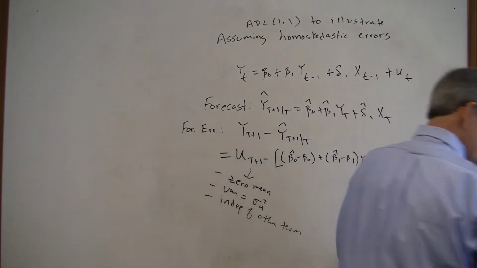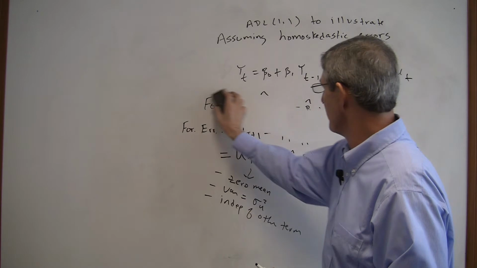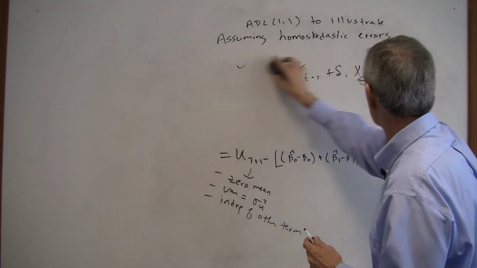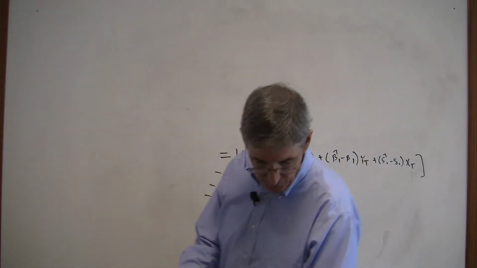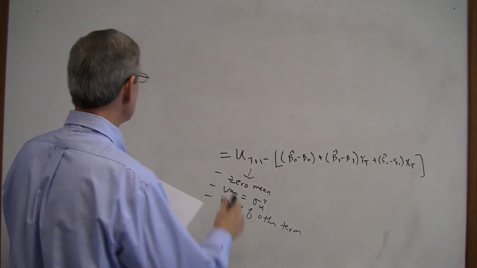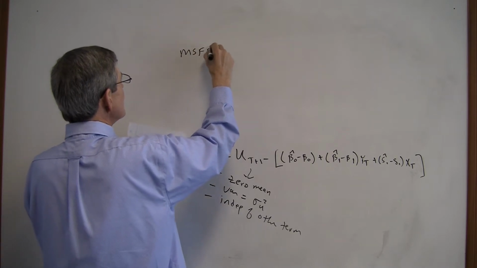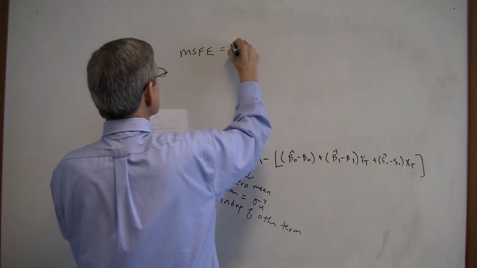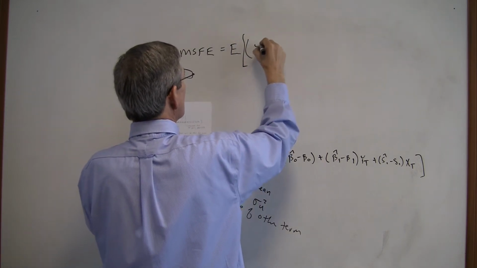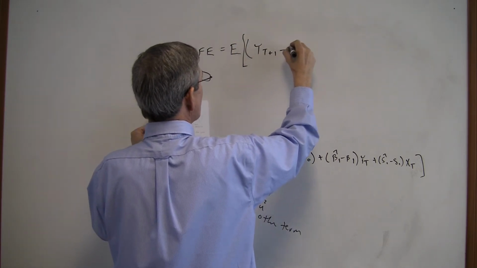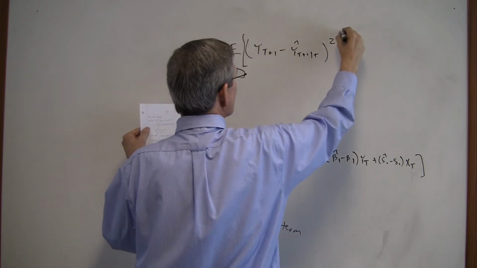So using that, the mean square forecasting error, without taking the square root, is the expected value of (y_{t+1} minus y hat_{t+1|t}) squared.